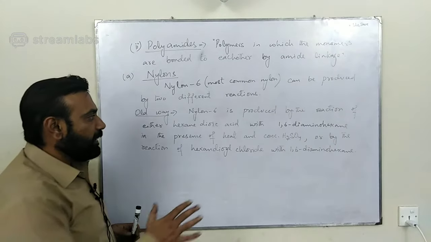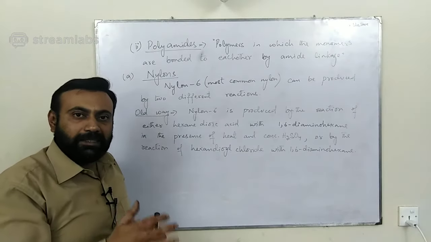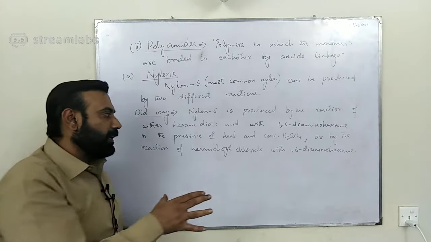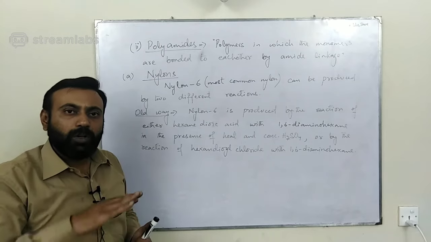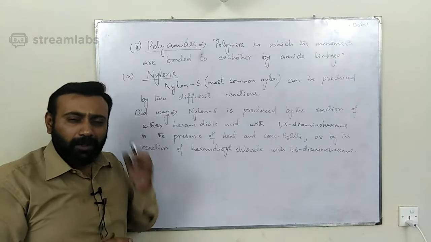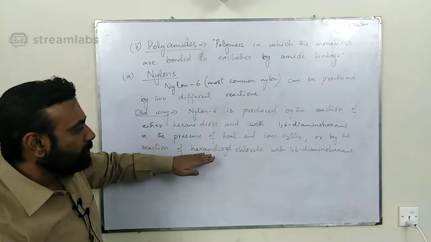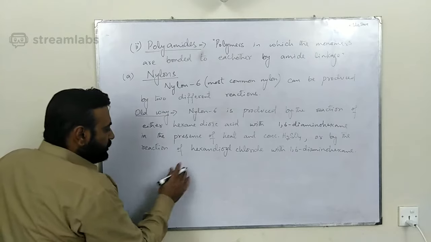But hexane dioic acid is cheaper than hexane dioyl chloride. So overall the cost of the reaction is comparable, and we could use either of these reagents.